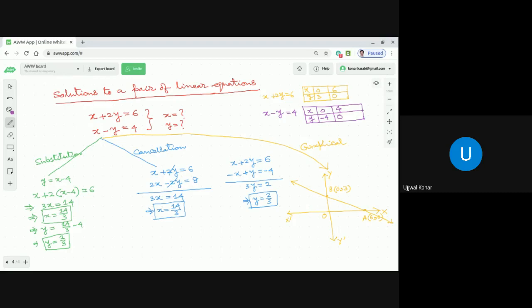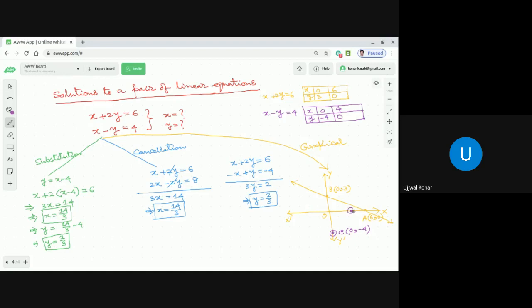Now let's place these 2 points. First one is x is equal to 0, then y is equal to minus 4. It should be somewhere like here. Suppose this is the point C, x is equal to 0, y is equal to minus 4. And next one is that when x is equal to 4, y is equal to 0.